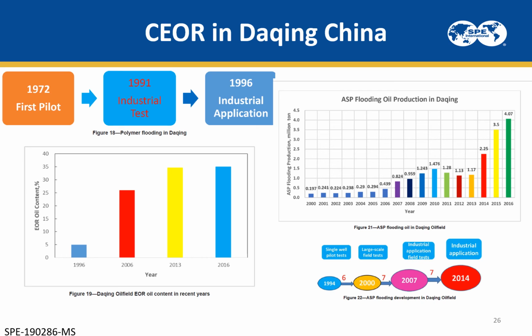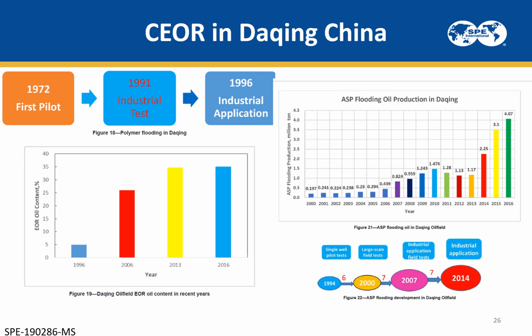And also this is another example for SP flooding in the same oil field. We can notice that the first single well pilot test was conducted in 1994, after 6 years of single well, and after evaluation, then the second phase of large scale field test in 2000, and after 7 years industrial application in the field, and after another 7 years the full field implementation.